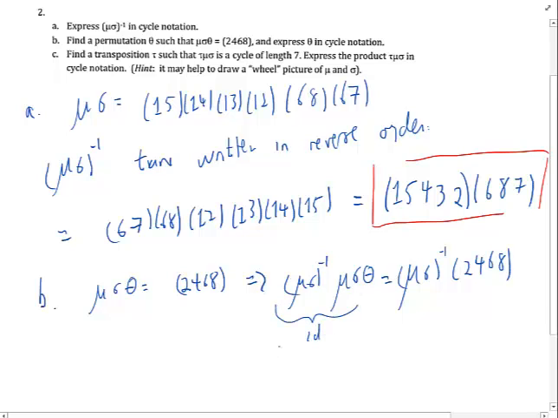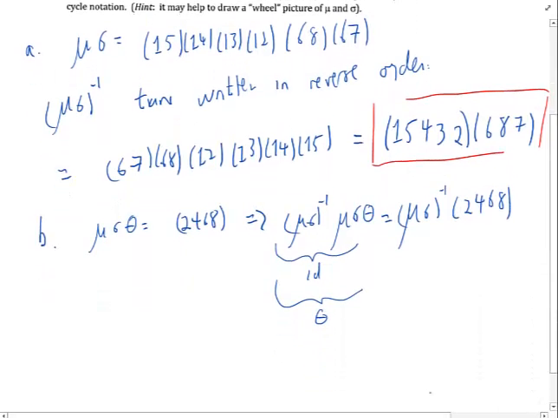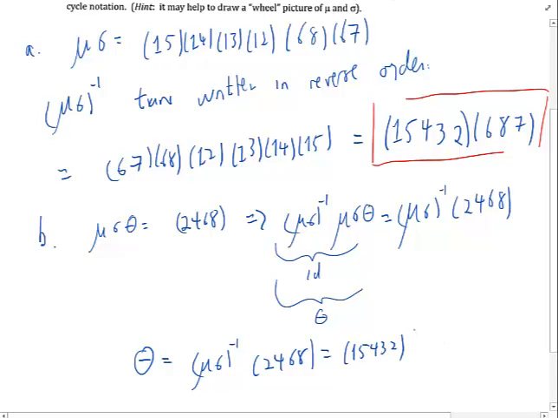And ID times theta is equal to theta. Okay. So that gives me theta simply as mu sigma inverse times 2468. Now, fortunately, I have mu sigma inverse from the previous problem, so that's equal to 1, 5, 4, 3, 2 times 687 times 2468.